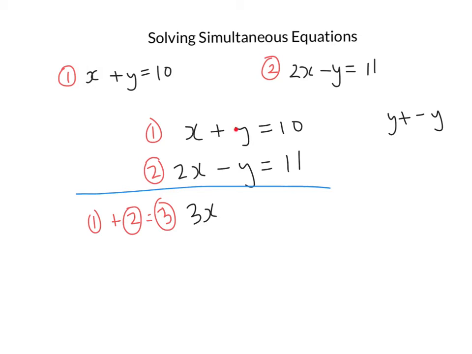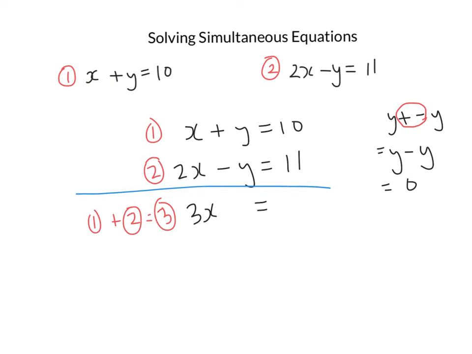Remember, we've got the y here, and then we're adding equation 2, so the plus sign, and then equation 2 is minus y, so we're y plus minus y. If you add a negative number, it means you take it away. So y take away y is 0, which is really useful because then we have nothing here, it's blank.